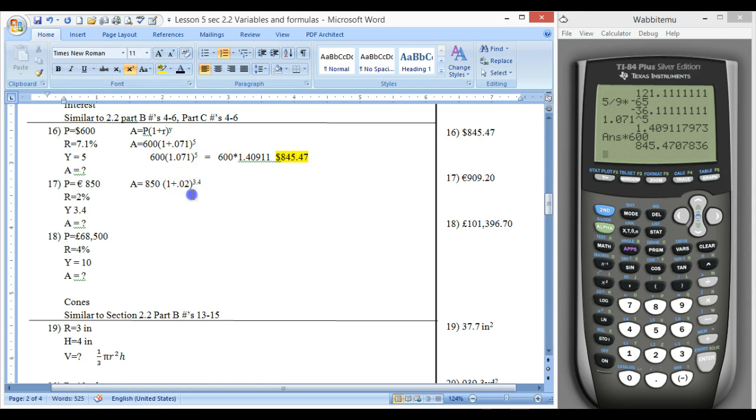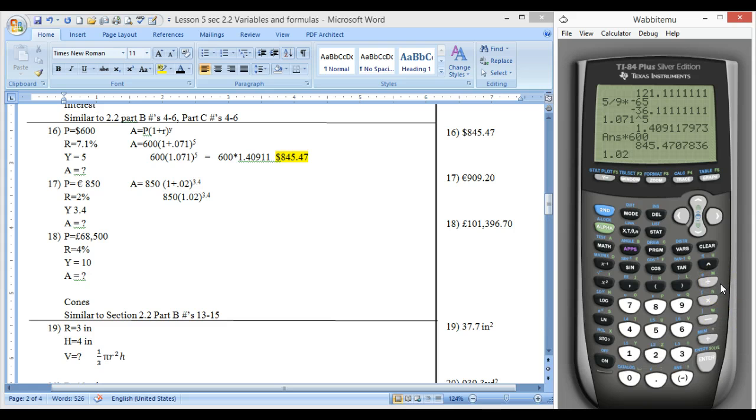All right, so we can break this down again using the order of operations. In our case, we can go ahead and add that together, which is 1.02, and raise it to 3.4 years. And don't forget we have 850 euros. Okay, so I'm going to do the decimal 1.02.